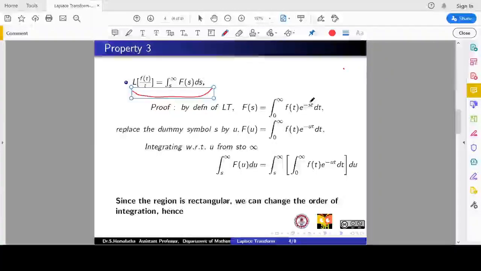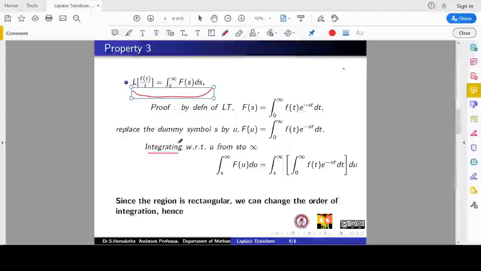I'm changing the parameter s as u, because I need to do some working on that parametric term. Just change your s as u, then you will be writing the integral from 0 to infinity of f(t) e to the power minus u t. Instead of s, I am writing u. Now integrate with respect to u from s to infinity.